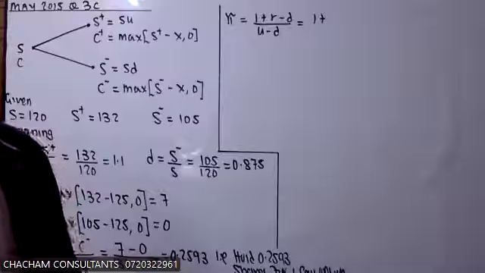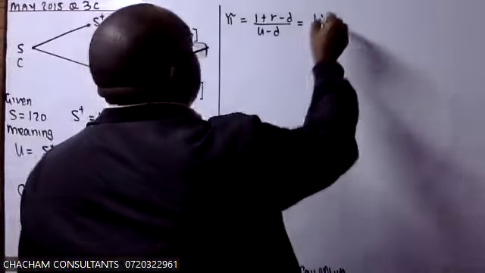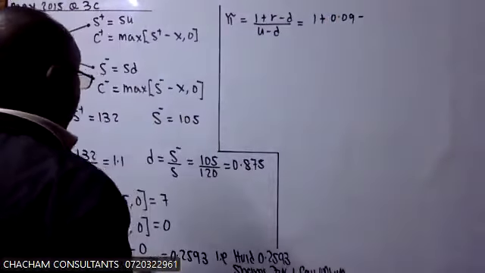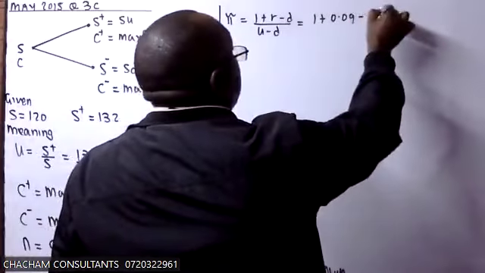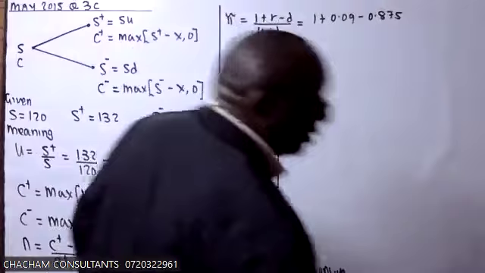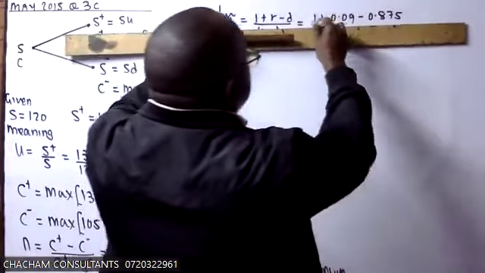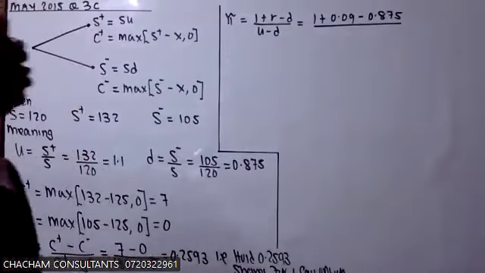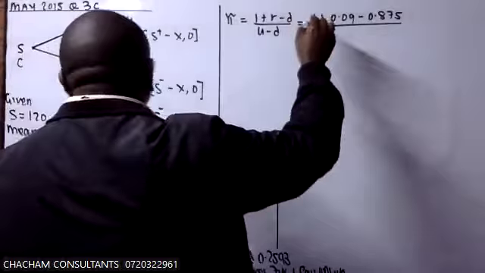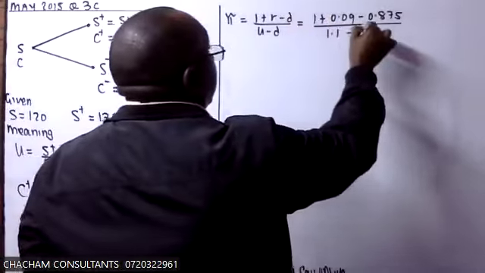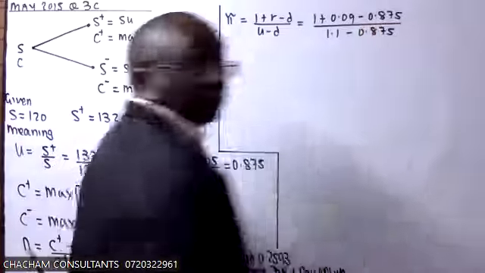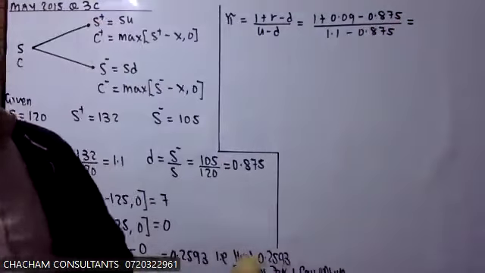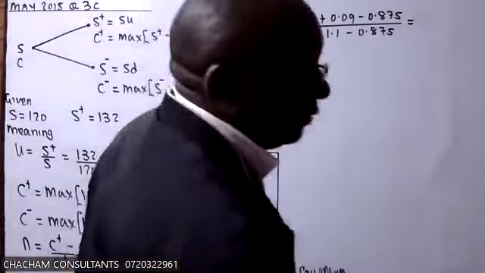The price movements will be about 1 year. The D down factor is 0.875. You divide by U, the upward factor 1.1, minus the down factor.